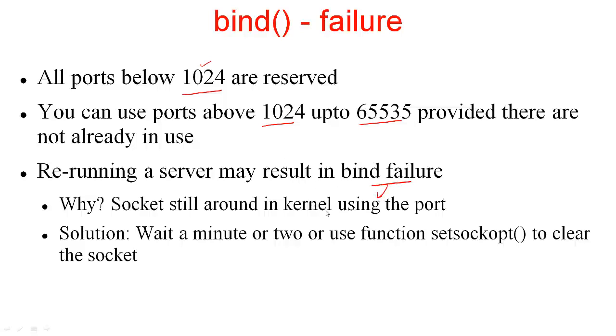Because the socket is still in the kernel using that port. Why this occurs, we will cover when we cover the TCP protocol. But for now, a way to get around this is to just wait for a minute or two, and the socket that is still in the kernel will get cleared up. Otherwise, if you don't want to wait that much time, you can use the function setsockopt to clear the socket. I will leave it for you to look up how to use this function.